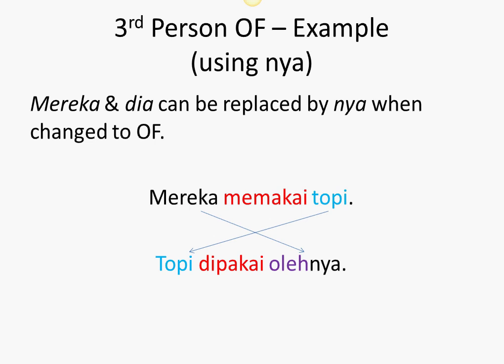Okay, so we're talking about people, they're wearing a hat. This changes following the same rule. So our topi, our object, goes at the front. Our verb changes from memakai to dipakai. Oleh goes afterwards, but instead of writing mereka or dia, we can just shorten it to nya, and that goes on the end of oleh.